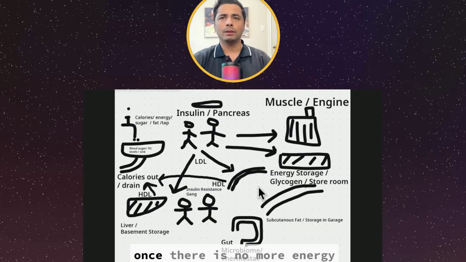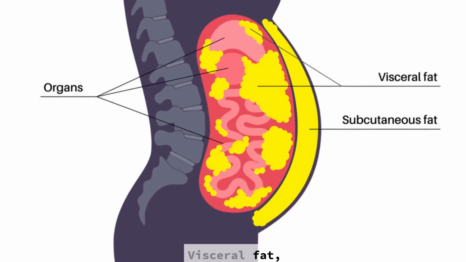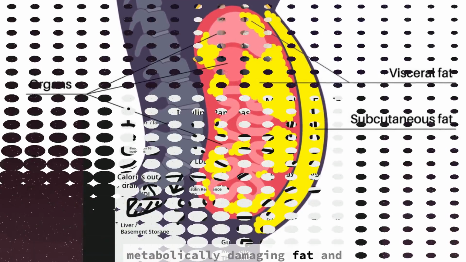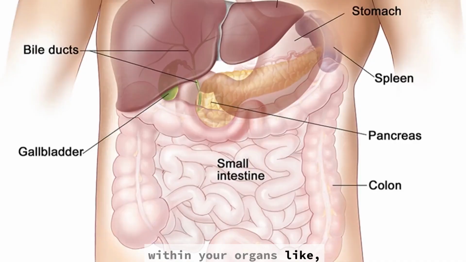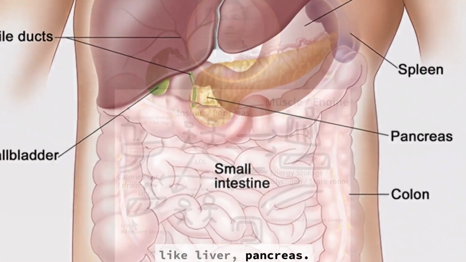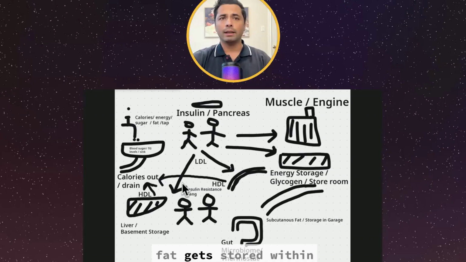In any case, once there is no more energy left in the subcutaneous fat, then the only place left is where it's not as safe to store energy, which is around the belly, visceral fat, metabolically damaging fat, and within your organs like liver, pancreas. And in fact, fat gets stored within muscles as well.